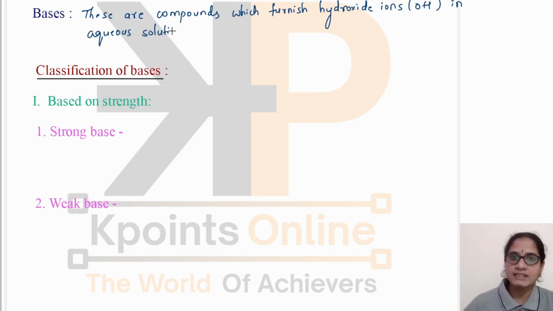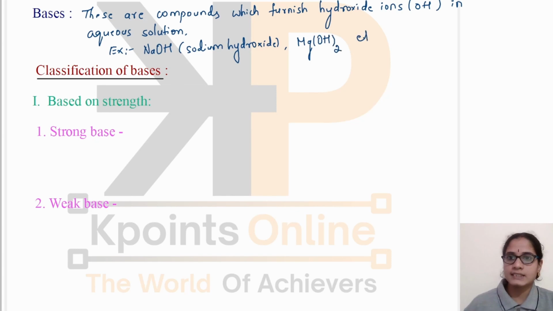We know different examples like magnesium hydroxide and sodium hydroxide, NaOH. When sodium hydroxide is dissolved in water, it forms sodium cations and hydroxide anions. Magnesium hydroxide and others are also examples of bases.